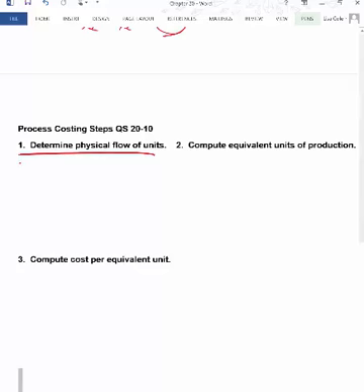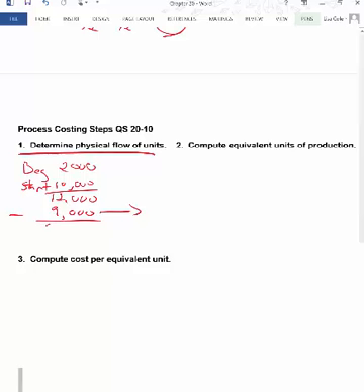So I already had 2,000 units in beginning work in process and I started 10,000 units, so I need to account for 12,000 units. Of those 12,000 units, 9,000 were completed and transferred, and 3,000 remain in ending inventory.